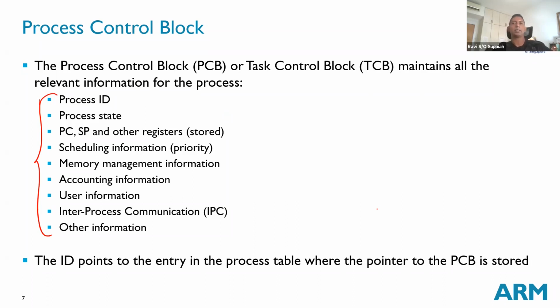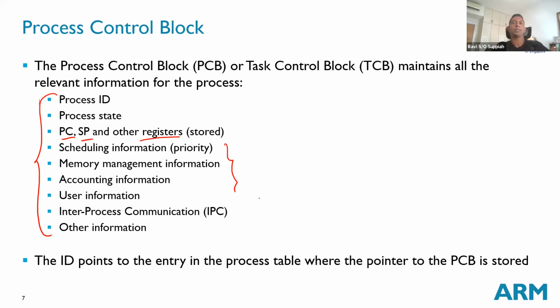This information is critical because when you do a context switch from one task to another, and you're going to come back, this is where you save before you switch, and when you want to return, you reload from this control block. It holds all the information you need: your program counter, your stack pointer, your other registers, your scheduling, your memory, and so on. All the information related to a particular task is stored within its own control block.